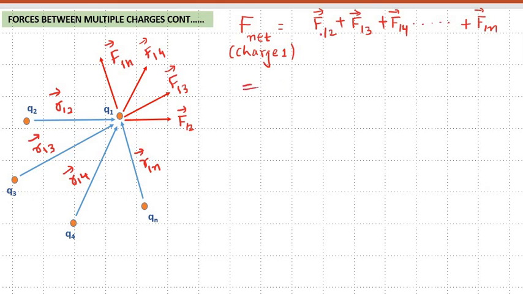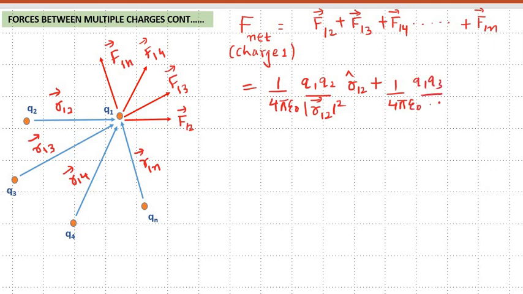Now, writing these, because we already know what this is. This is 1 by 4 pi epsilon 0 Q1 Q2 upon R12 vector whole square and R12 unit vector, correct? In the same way, this is plus 1 by 4 pi epsilon 0, then Q1 Q3 upon R13 vector whole square, then R13 unit vector.